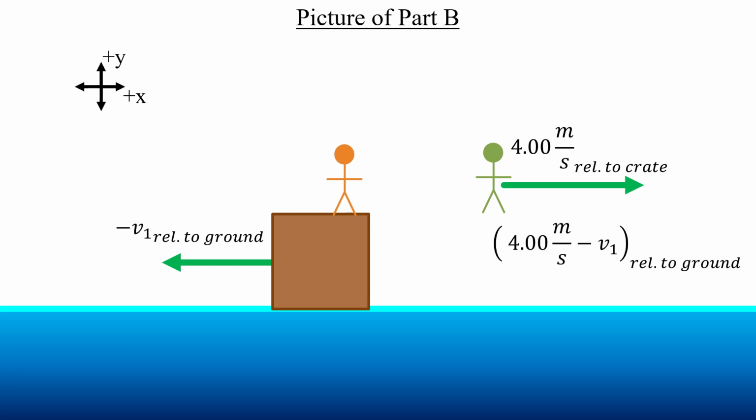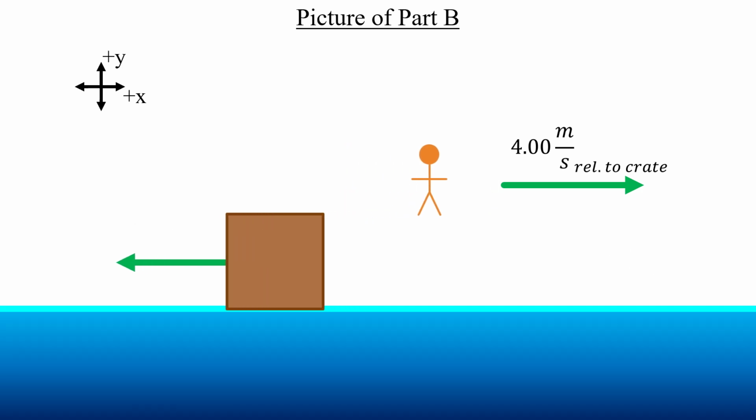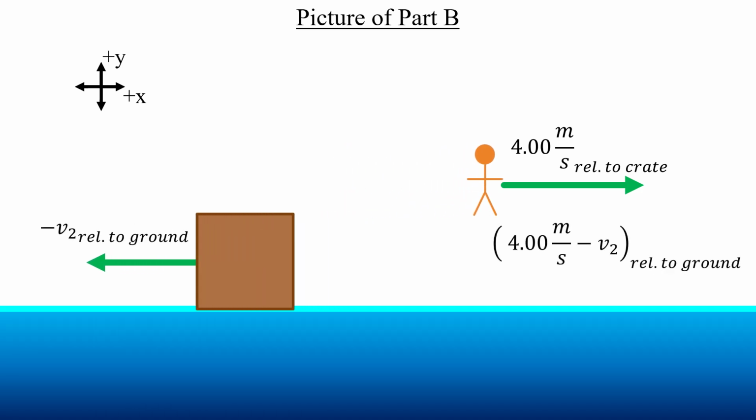Then Jill will jump, which makes the crate recede again at a different speed, v2. So we have to break this up into two stages. When Jack jumps first in stage 1, we need to figure out the speed of v1. Then we'll use that in stage 2 to get the final speed of the crate, which is v2.